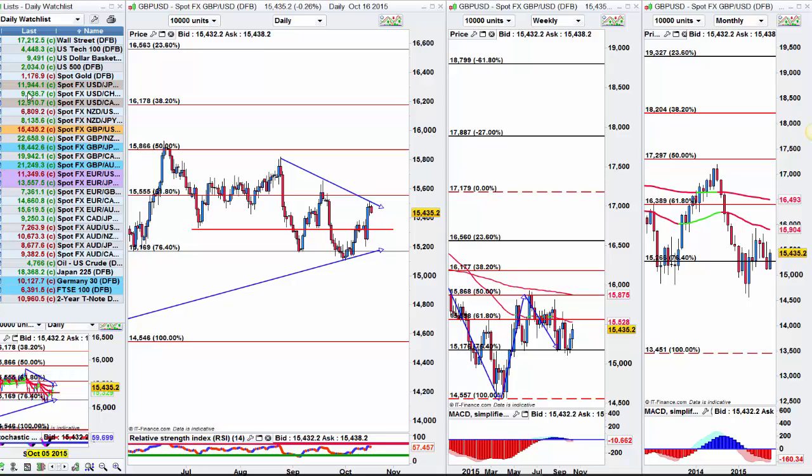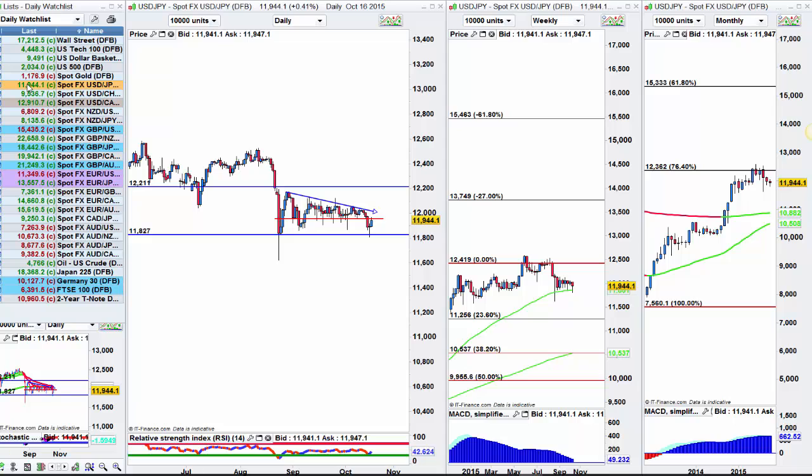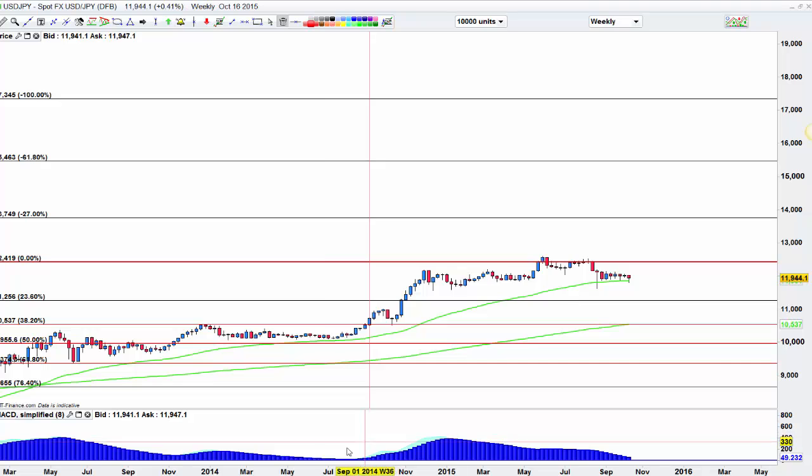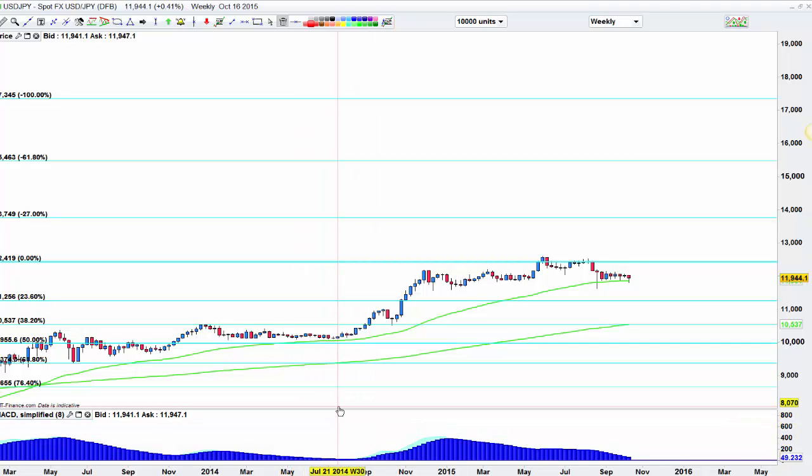Let's just carry on the dollar theme through the US dollar yen. The next US rate decision is the 28th of October. This US dollar yen on the weekly to me is just a potentially bullish consolidation.